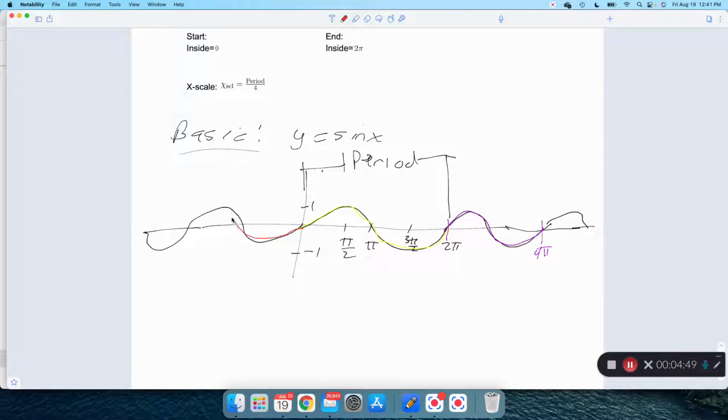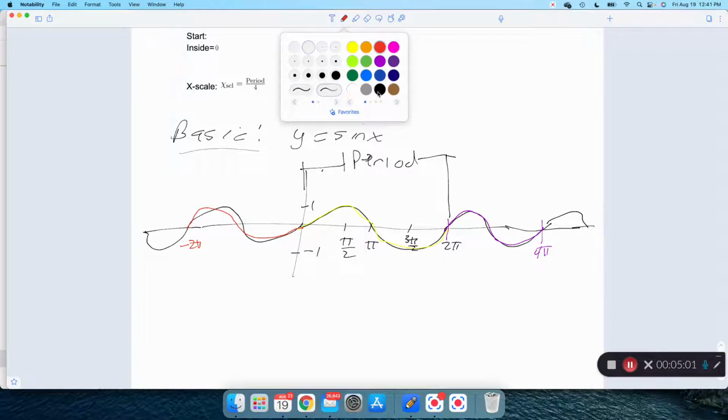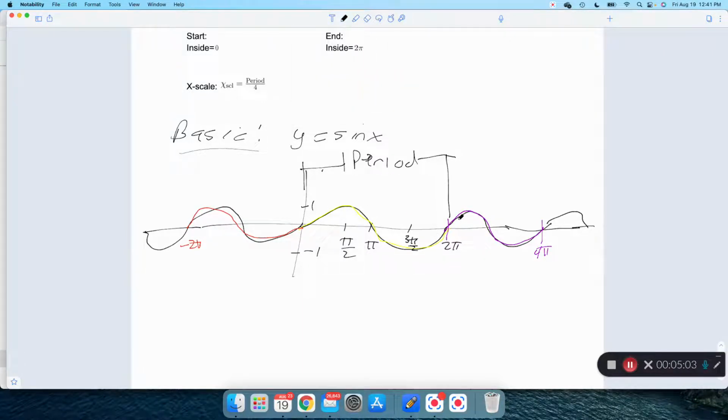This complete cycle going backwards, that would end at -2 pi. And so forth. This goes on and on forever. So we call that distance from start to finish the period. So the period of regular old basic y equals sine of x is 2 pi.